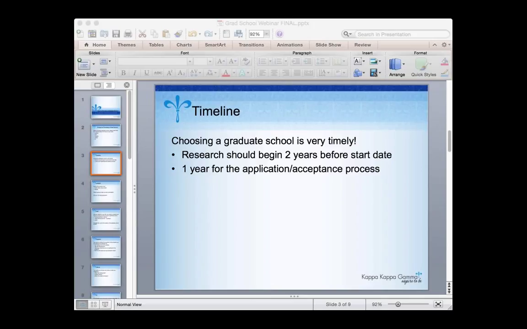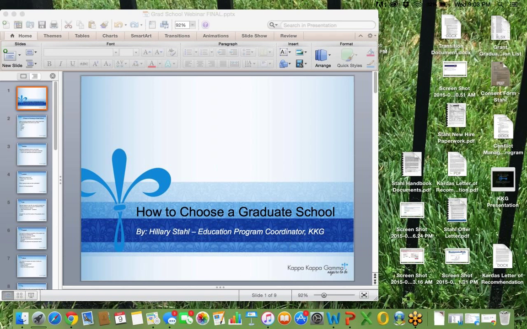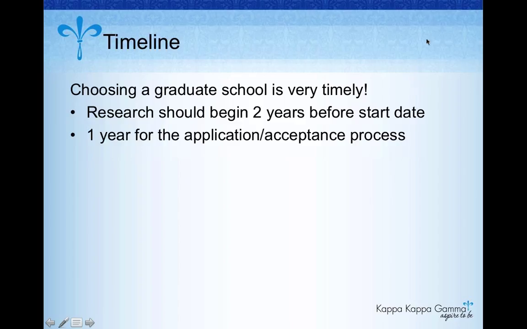Is it possible the slides aren't showing? Are you on the timeline slide? Okay, can you see it now? Yes, it's the timeline slide. Great, thank you. Can you still see my GoToWebinar control panel? Yes. Okay, that's weird. All right, we'll go with it.